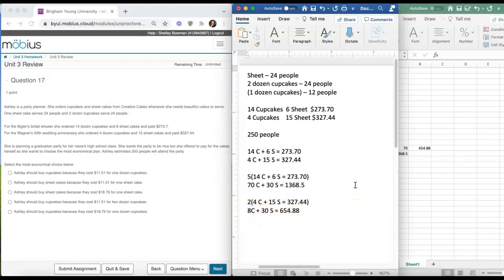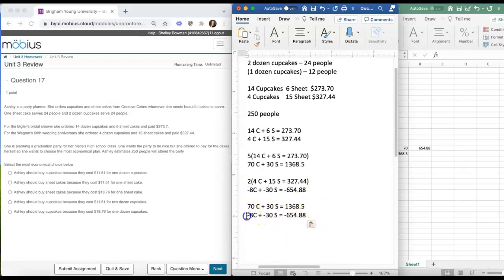So I'm going to multiply every single term by a negative, and then I can take my two equations, copy and paste, and put an addition equal sign right here so that I can cancel out these. 30S minus 30S is gone, and I get 70 minus 8 gives me positive 62C.